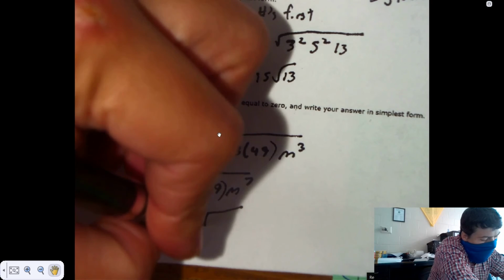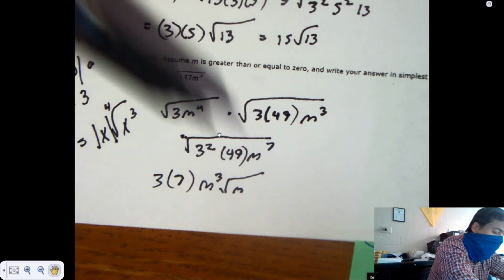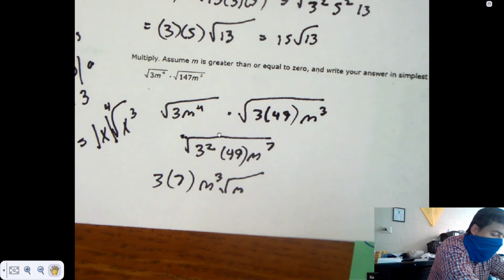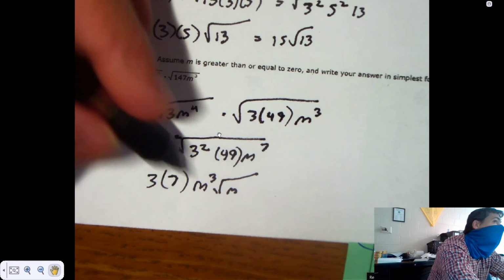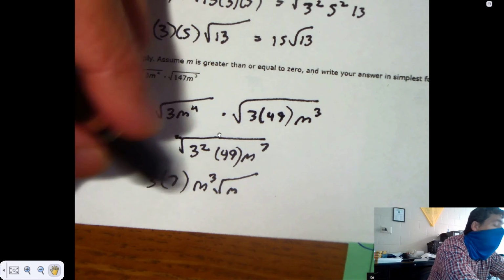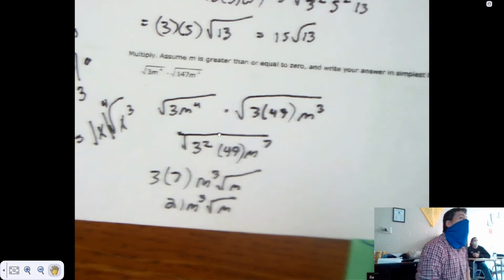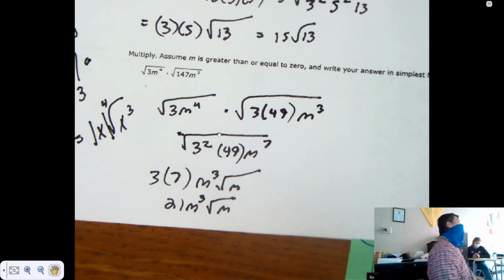You cannot throw that thing away. By the way, no, you can't just add those pieces together. Never mind. Finish the multiplication. Everything outside the radical is implied to be multiplication. 3 times 7 is 21. And this section doesn't care about absolute value bars because they tell you that variable is positive from the get-go. So it doesn't worry about it.